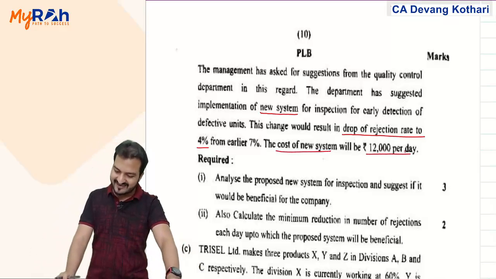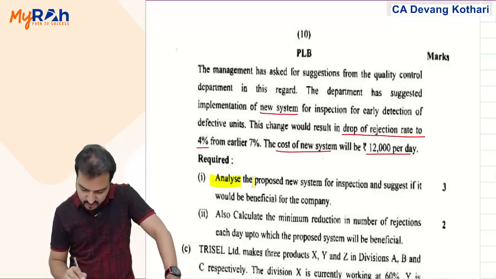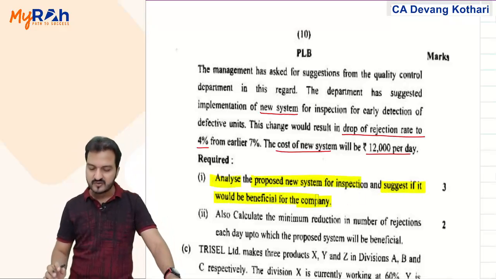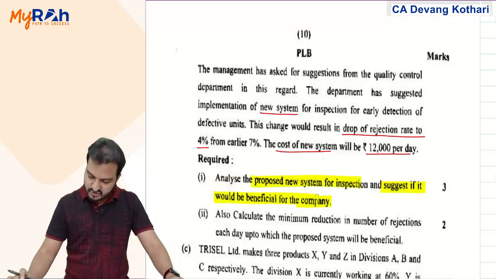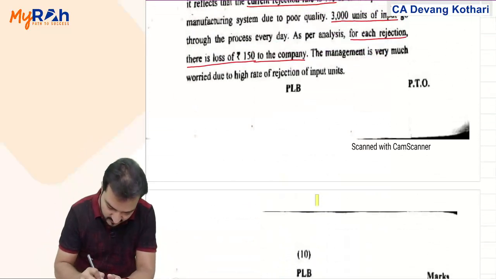You are supposed to analyze the proposed new system for inspection and suggest if it is beneficial for the company. So that is simply a practical question. We'll do some calculations.